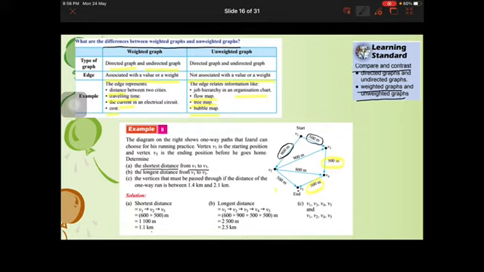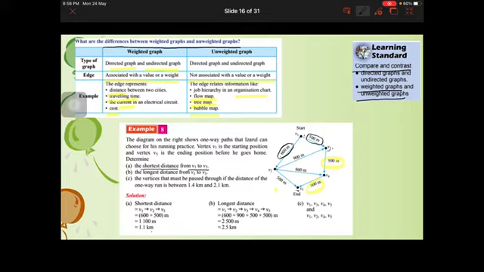But if we take the path from V1 to V3, then V3 to V4, then V4 to V5, it will be longer, more distance involved. Or maybe V1 to V3, V3 to V2 cannot, because the direction is from V2 to V3, we must follow the direction. So this is a weighted and directed graph.